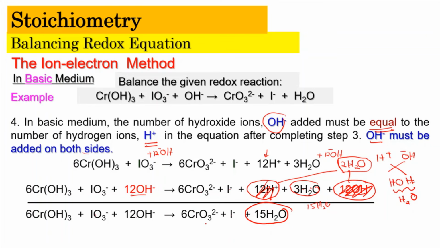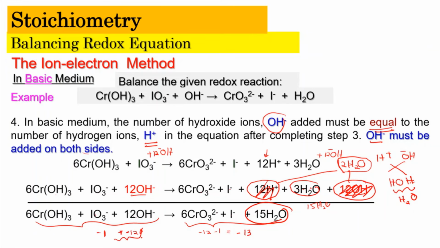And you can also double check the charge. If you were to double check the charge, 6 times 2 minus is equal to negative 12, minus 1, so it's going to be negative 13. On the left hand side, we have 0 here, we have negative 1 here, plus 12 minus here, so negative 12.